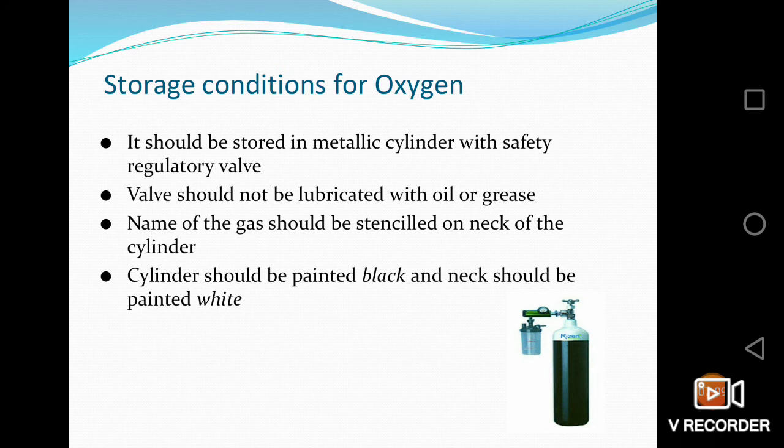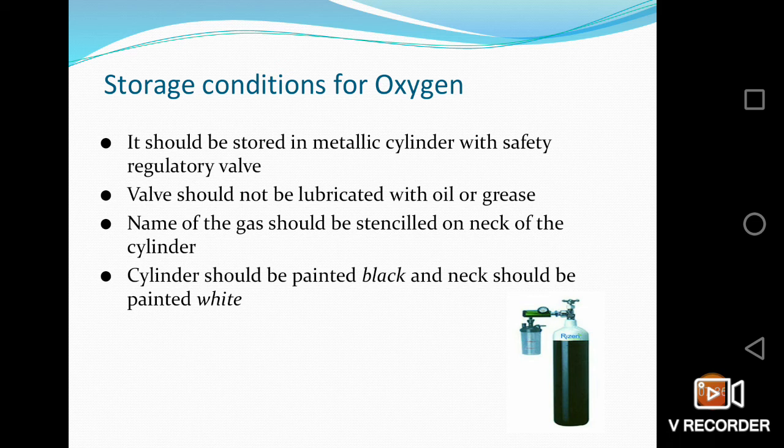So, the storage condition for the gases plays a major role. Here, one by one, we will see the storage conditions for these common gases. Firstly, the storage condition for oxygen. Oxygen should be stored in a metallic cylinder with a safety regulatory valve.